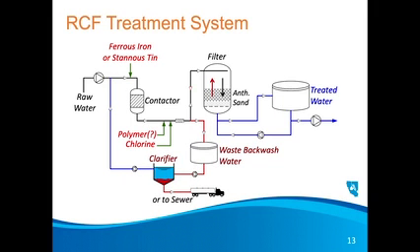The other process is what we refer to as reduction, coagulation, filtration. This is where we are reducing the Chrome-6 to Chrome-3 and then coagulating it and filtering it out of the water. This is the typical coagulation filtration process that you heard about this morning for arsenic treatment. It's exactly the same. You just add a reducing agent up front, whether it's ferrous iron or stannous tin.